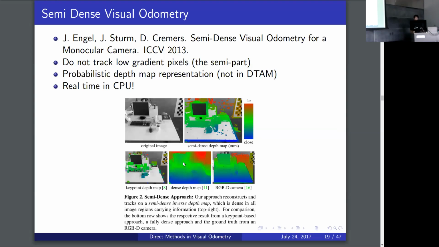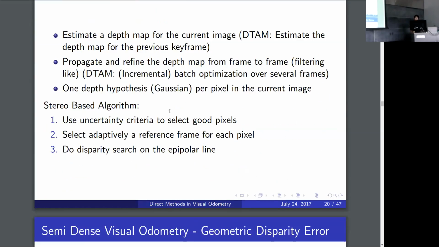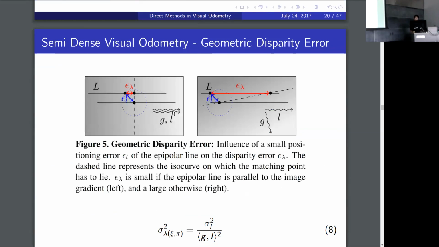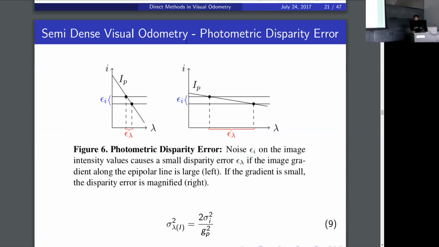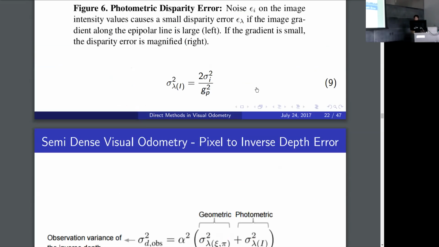And so what I was saying, the difference between semi-dense and fully dense in these two pictures is that semi-dense has the 3 goodness criteria, which you want to minimize: the geometric disparity error, the photometric disparity error, and also the pixel inverse depth error.